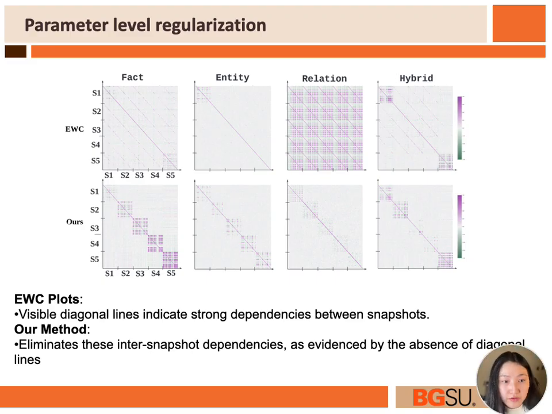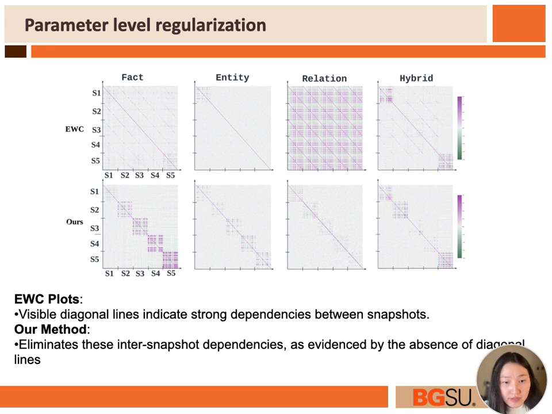This is the figure. It illustrates the normalized Fisher information matrix of the relation embeddings across 5 snapshots for 4 datasets, highlighting how FIM values change before and after applying rotations.